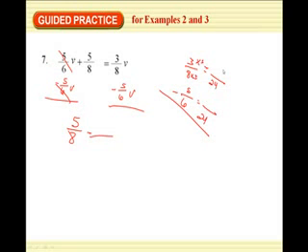Times 3, that's going to be a 9. Times 4, that's going to be a 20, so 29/24. I'm going to leave it like that. Because, how do I get rid of a fraction? Multiply by the reciprocal, which is 24 29ths. Cancel this.